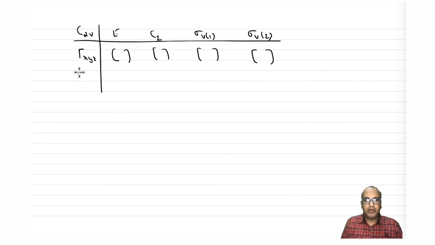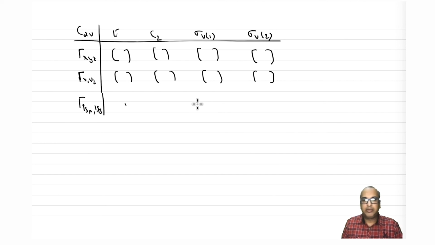If I have V1, V2 vectors which were in plane, I get a 2 cross 2 matrix, which is a different representation than the above. Now if I have 1sA, 1sB, I get a different representation than above. If I have A, B vectors which were perpendicular to the plane of water, I get different matrices. So I can keep on choosing different basis sets, and I can keep on getting different matrix representations.